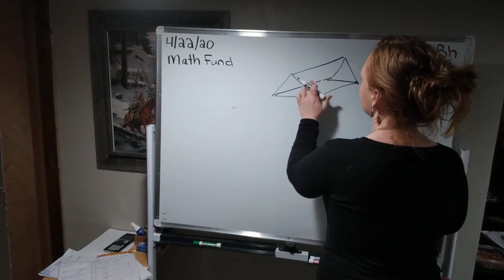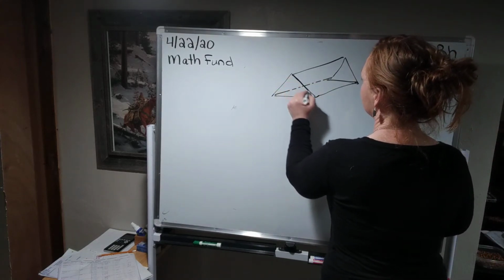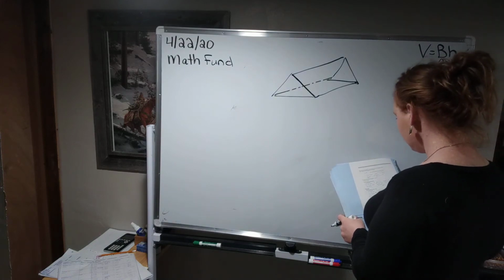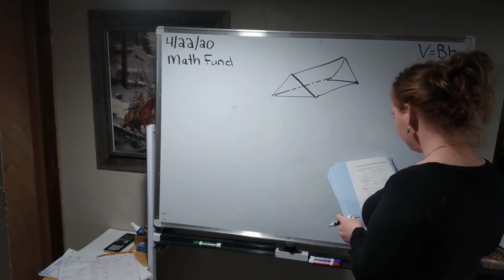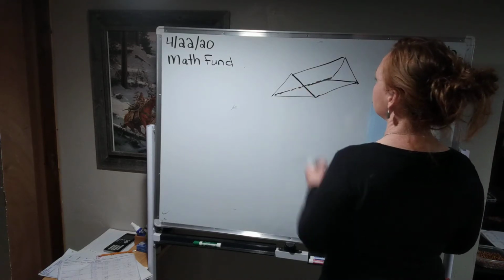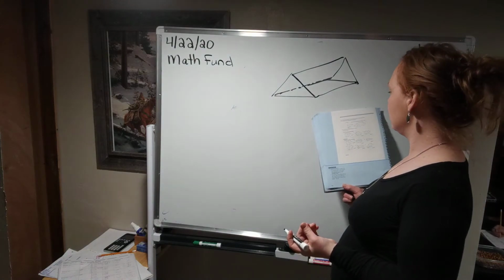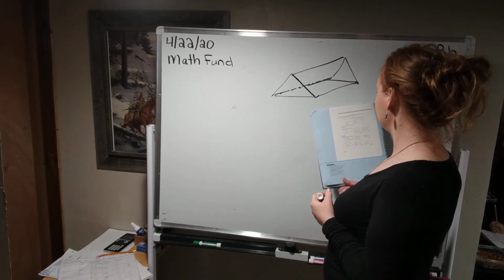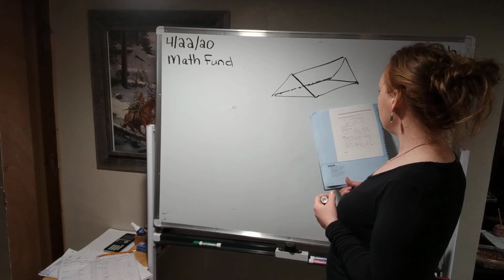I think this will help if I make this one dotted so we can see it's in the back. Okay, so now we have this shape that we need to find the volume of, and it's not going to be as easy as we would like for it to be.